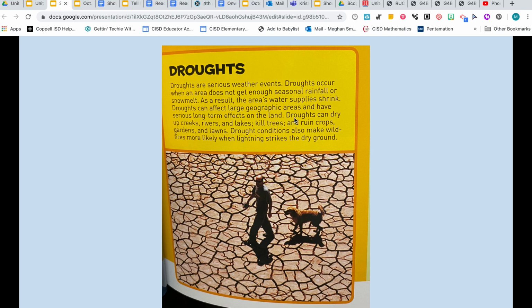Droughts can affect large geographic areas and have serious long-term effects on the land. We're going to pause there. Any guesses? How do you think this section is structured? You may be thinking about the causes of droughts and the effects of droughts.